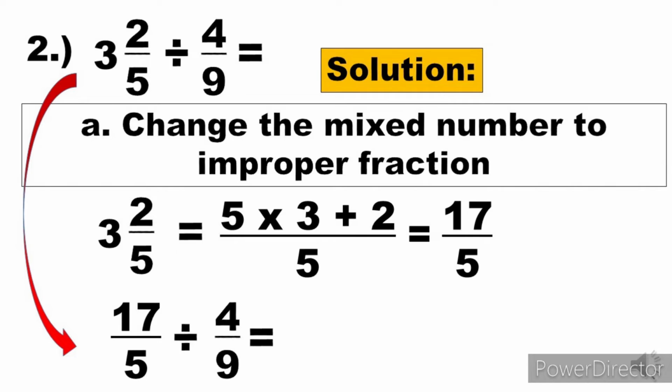So, we have 5 times 3 plus 2 all over the denominator 5. And then 5 times 3 plus 2 is 17/5.